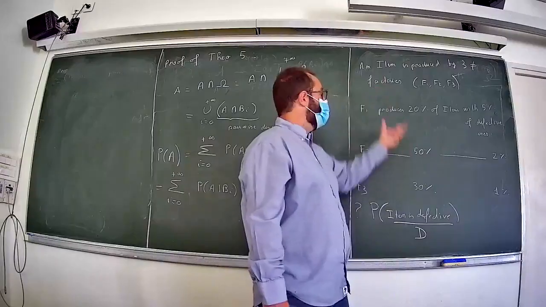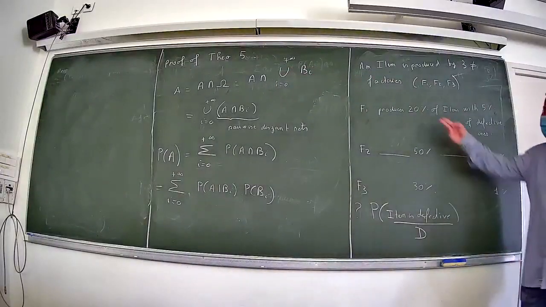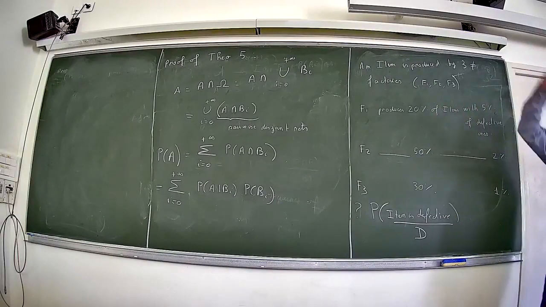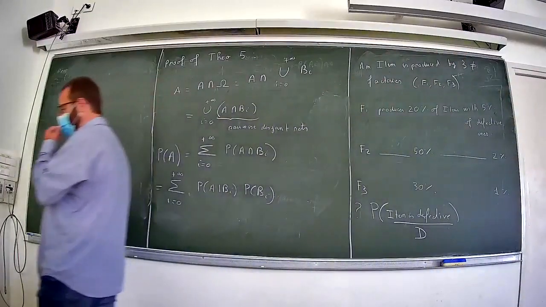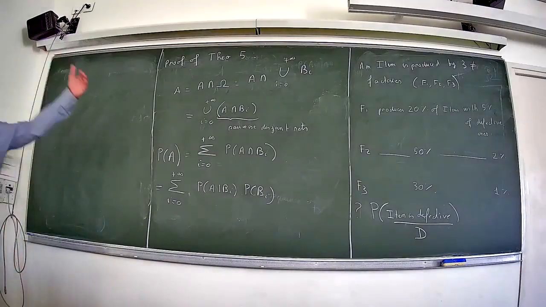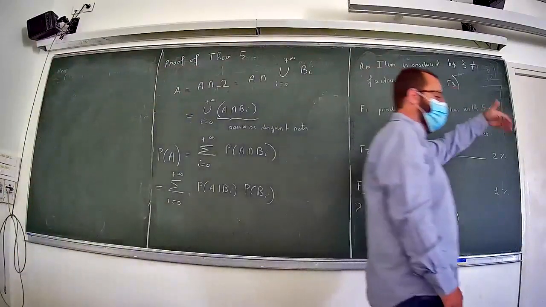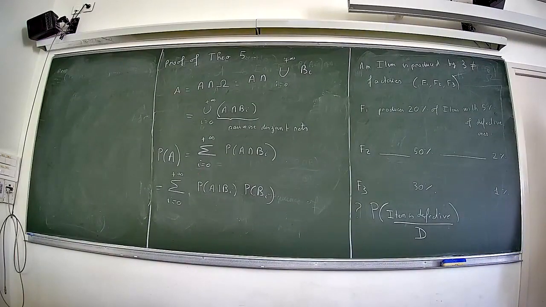Of course, it's not possible to be produced by two of them; it's meaningless. And I know that by the percentages here, all the production is done by the 3 factories. I don't have an extra factory, I have only these 3 and no more. So F1, F2, F3, that are 3 events, produced by F1, produced by F2, produced by F3, is in fact a partition of the universe. I can use the law of total probability.